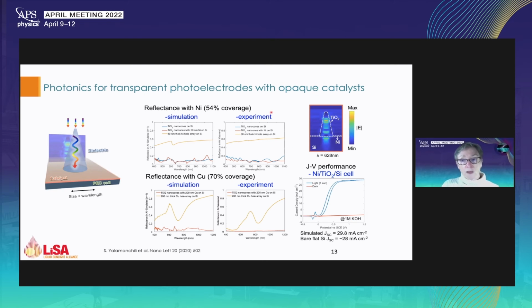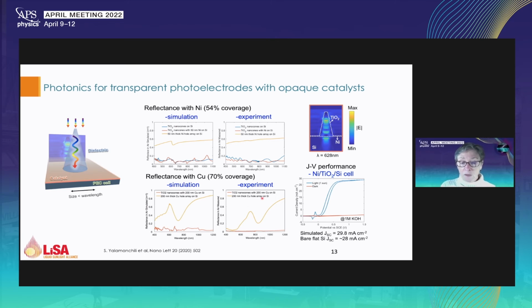But you can do more than that through taking advantage of photonics by creating cones, if you will, of a dielectric on top of the semiconductor and using those cones to channel the light through really effectively. So in this case, we're looking at nickel, which is a water oxidation catalyst, or copper, which is the most useful carbon dioxide reduction catalyst, a thin film catalyst.